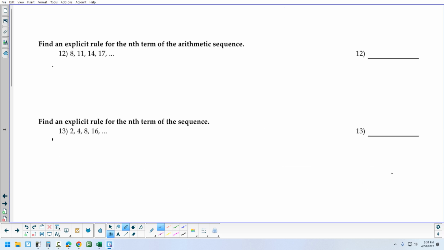Okay. All right, so the last two we're going to look at are taking a sequence of numbers and writing an explicit formula. So in the first one, they tell you it's an arithmetic sequence.